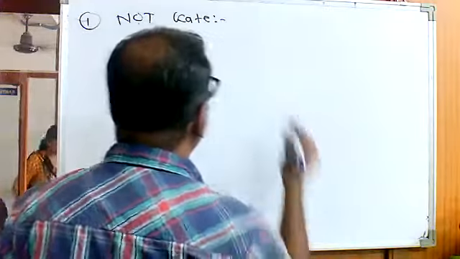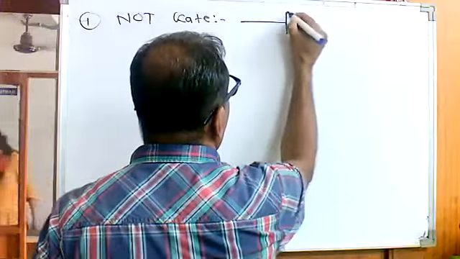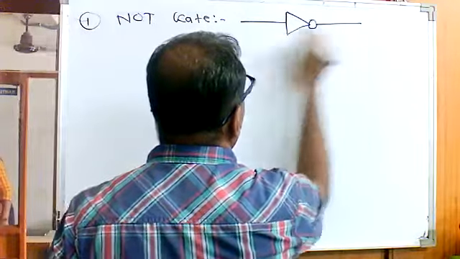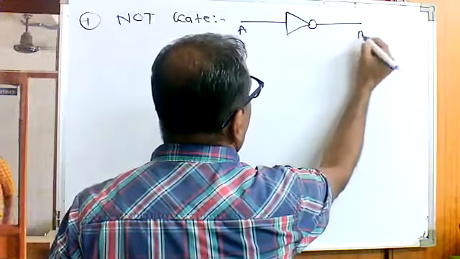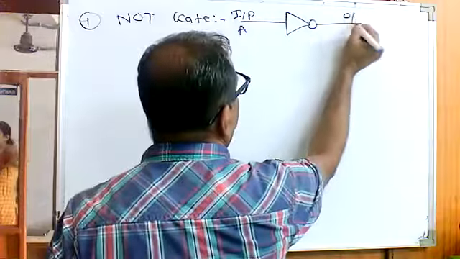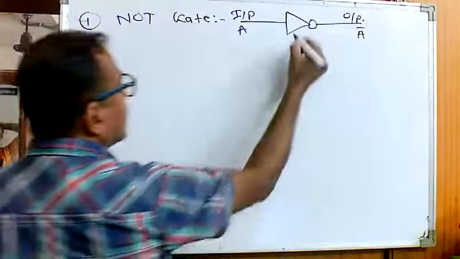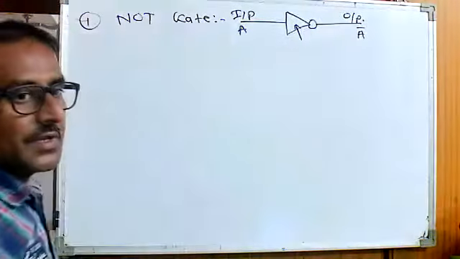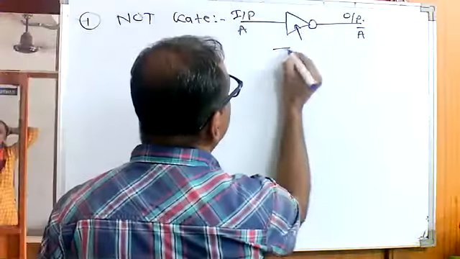So NOT gate like this one: input, output A bar.